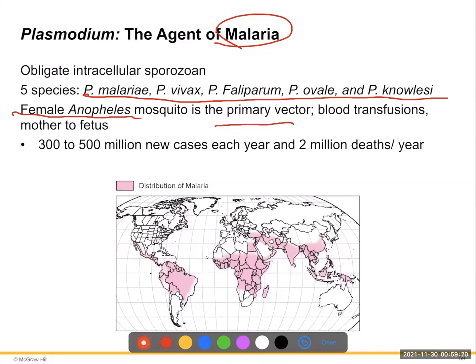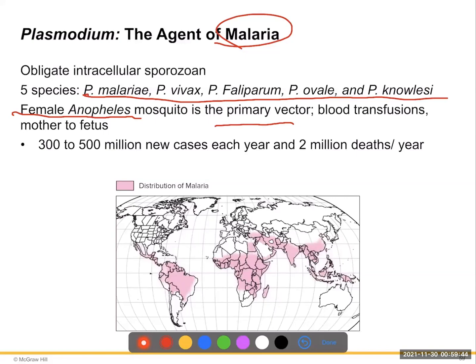Blood transfusions can also cause malaria. You can transfer the parasite through blood transfusion, or it can be passed from mother to fetus across the placenta barrier.